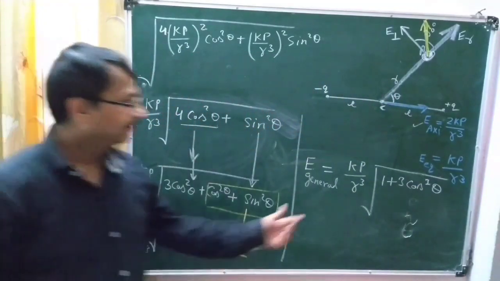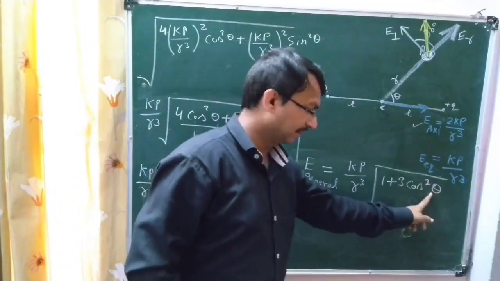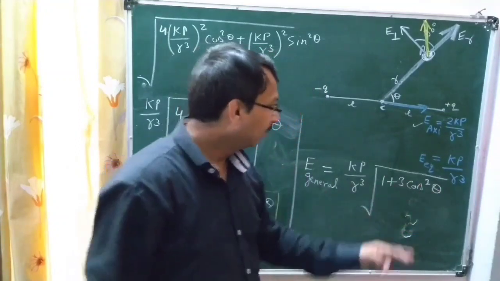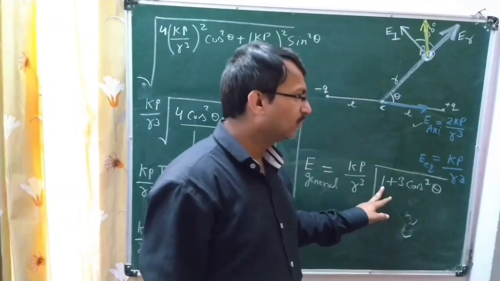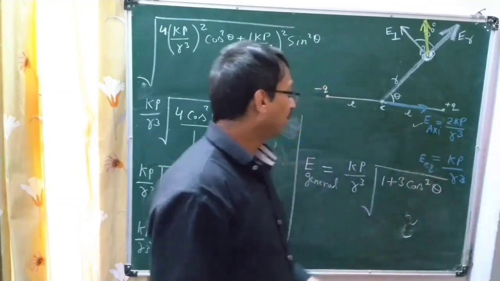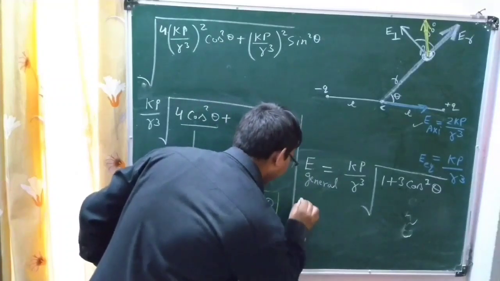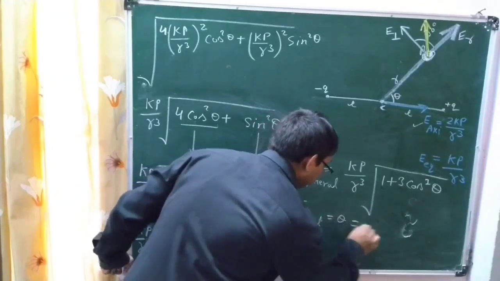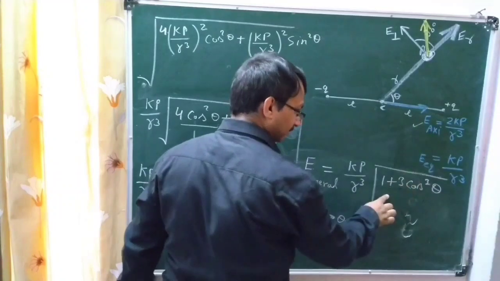For the axial point, put theta equal to 0 degrees. On putting cos 0 equal to 1, 1 into 3 equal to 3, 3 plus 1 equal to 4, and the square root of 4 gives 2. So at the axial point, theta is 0 degrees, and you get this result from this formula.